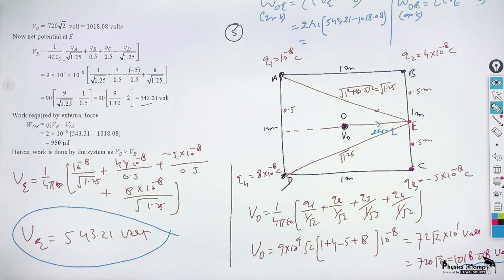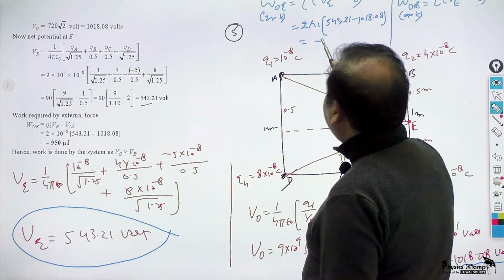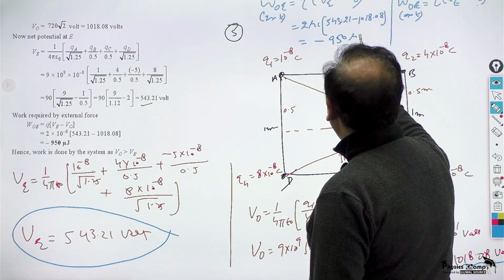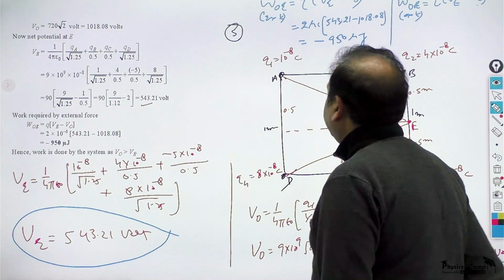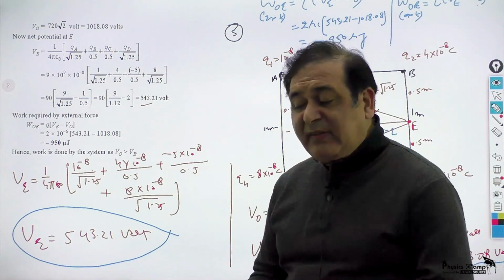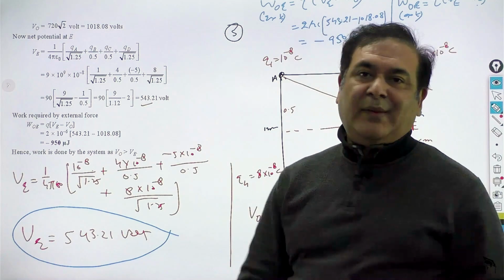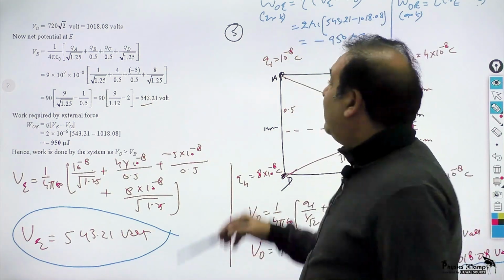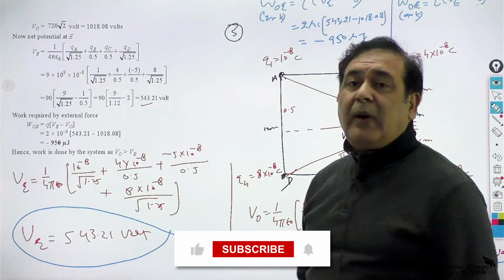The work required by the external force comes out to be minus 950 microjoule. So no work is required by the external force. In fact, minus work is required by the external force.